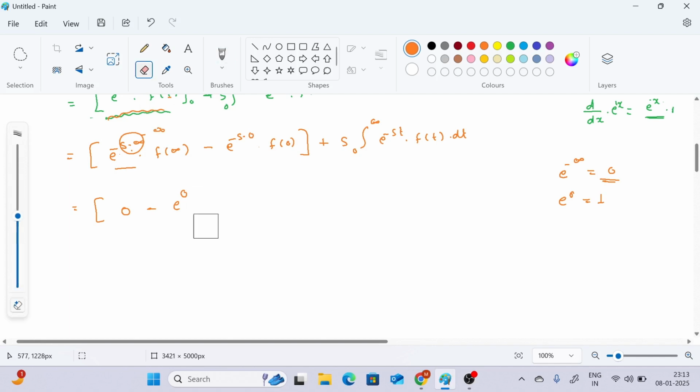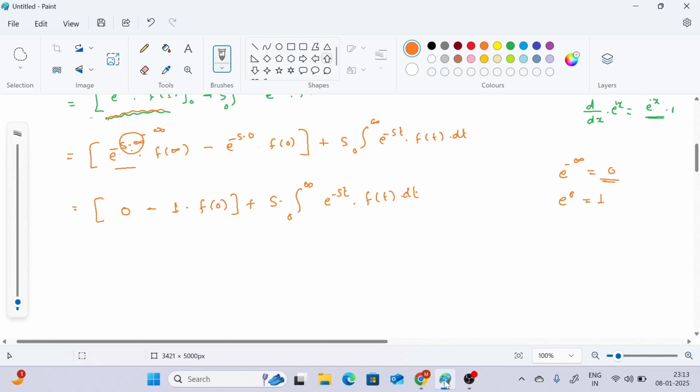So I'm going to write here directly 1 into f of 0, plus 0 to infinity e raised to minus st f of t into dt.